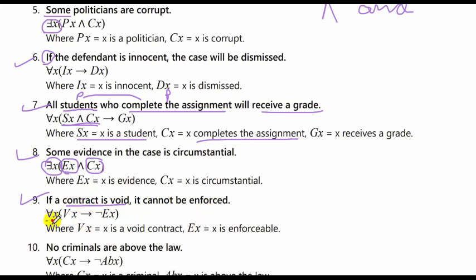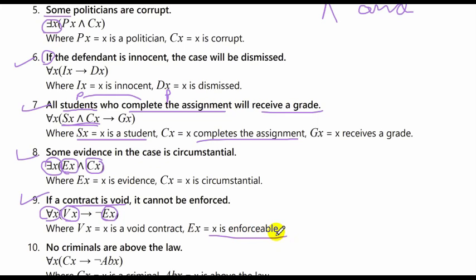So, for all x, if there exist contracts which are void, that implies they can be enforced. Remember what I've said: they can be enforced, and then we use the negation symbol to say they cannot be enforced. So we write it in positive form.